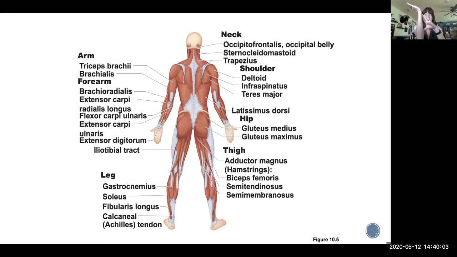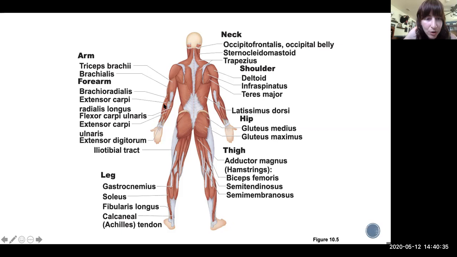So prime mover, flexor carpi radialis for flexing the wrist, and then you have an extensor carpi radialis to be the prime mover at extending the wrist, right? And then vice versa, the opposite is going to be the antagonist in that muscle pair, okay? So you've got the prime mover here, the antagonist back here, prime mover here, antagonist up here, okay?